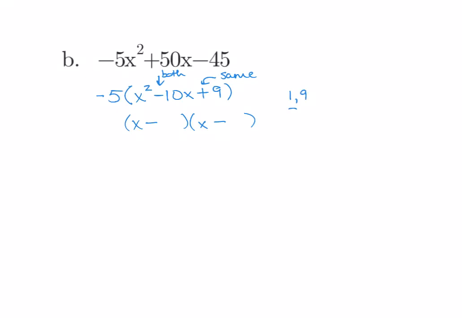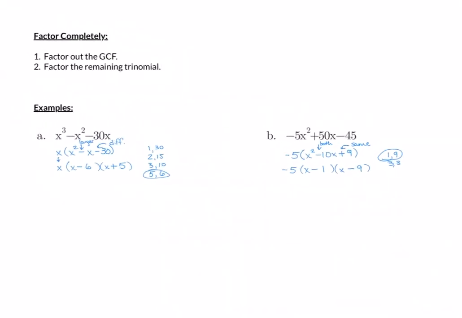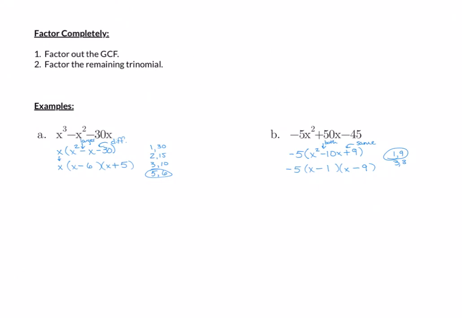We get 1 and 9 and 3 and 3. Remember that since they are same signs, we want to add to 10, so we're going to go with 1 and 9. And last step, we bring down our negative 5. All right, that takes care of factor completely.